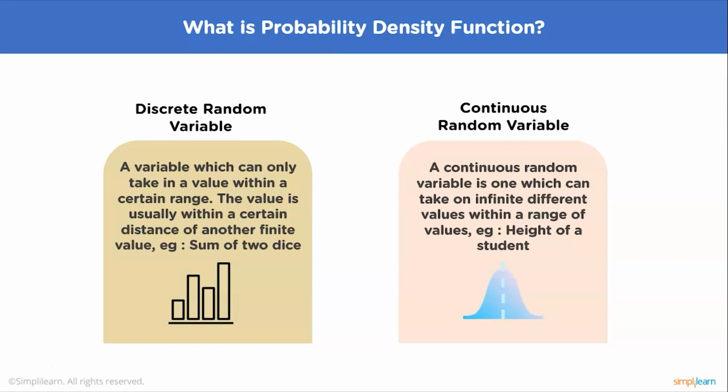So basically, the height can take on an infinite different range of values. When we're trying to define the values that a continuous random variable can take, we usually say it in the form of a range of values, which means that the value can fall in that range and can take on any value in that range. It's not like a discrete random variable where you can define definitive values.